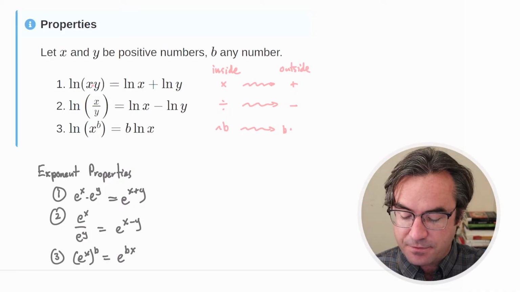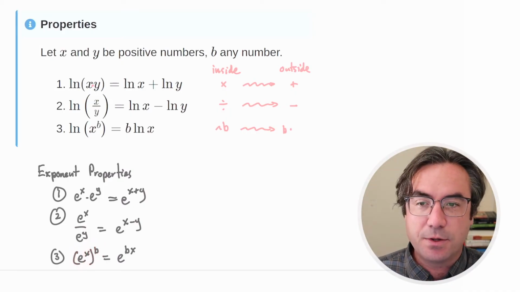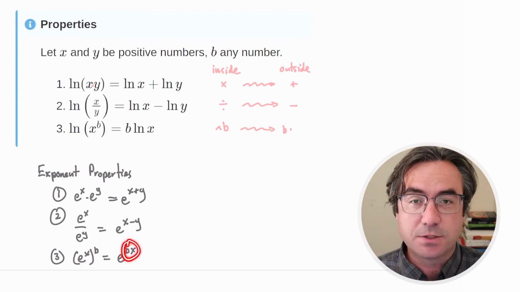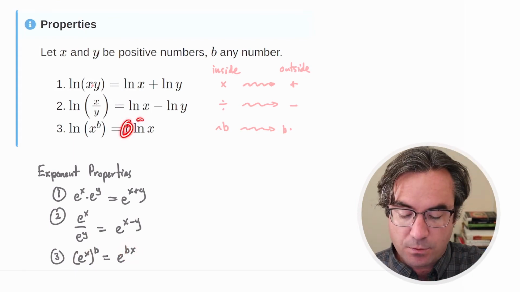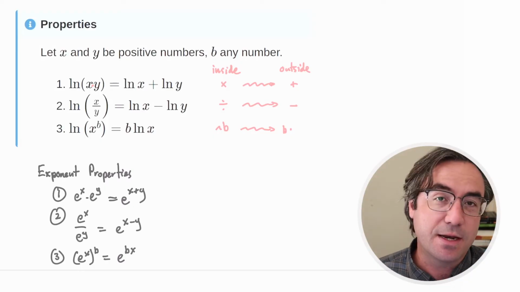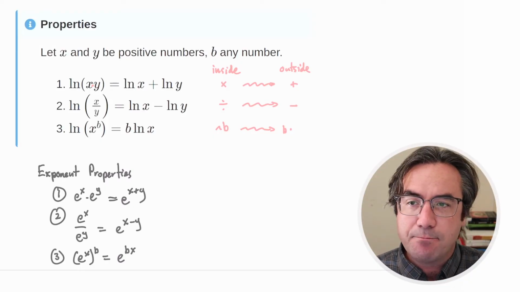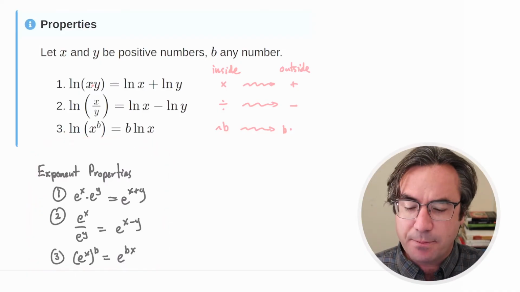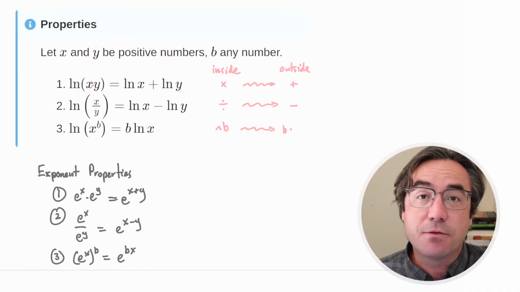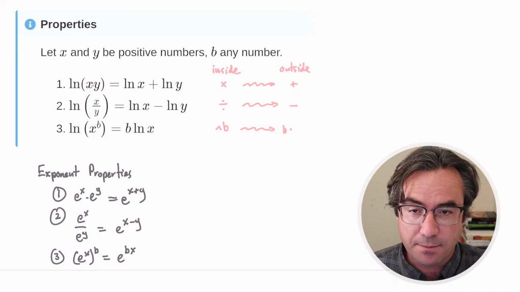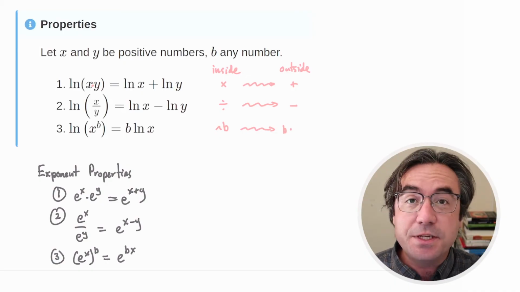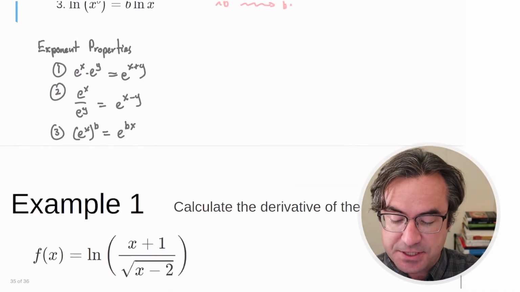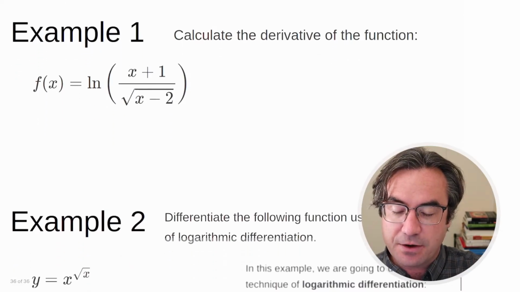And if we have multiple exponents, we just multiply the exponents, which is what we're seeing here when we multiply the b and the natural log of x. All right, so that's a good review of some of our exponent properties and gives you an idea of where these log properties come from. Now let's put these into action to help us simplify a derivative calculation.